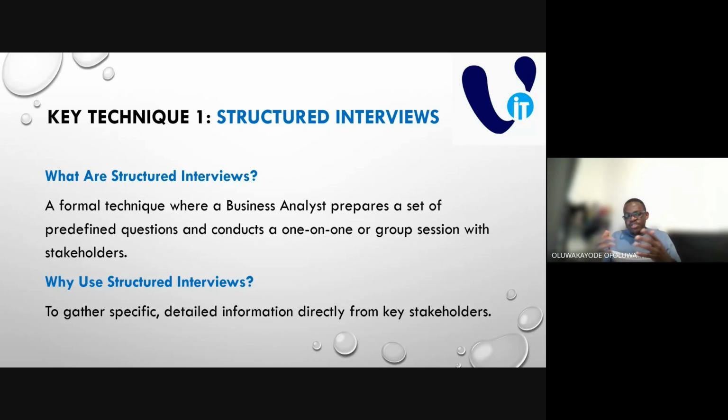But you have these predefined questions based on some information you've gotten, and then you come to meet this stakeholder or a group of stakeholders and have one-to-one conversations with them to understand their pain points, to understand their standpoint about things, to understand what they are really looking out for. We use it to get rapport with our stakeholders.